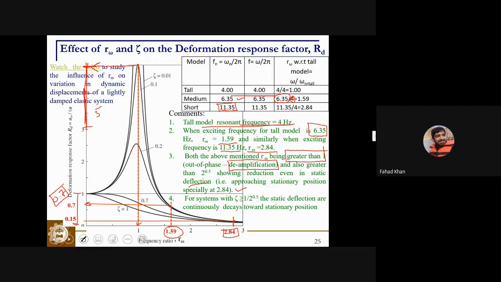For a system with zeta greater than or equal to 1 by square root 2, the static deformation is continuously decaying towards stationary position. So let's check the value of R omega equals 2.84 in the video again.